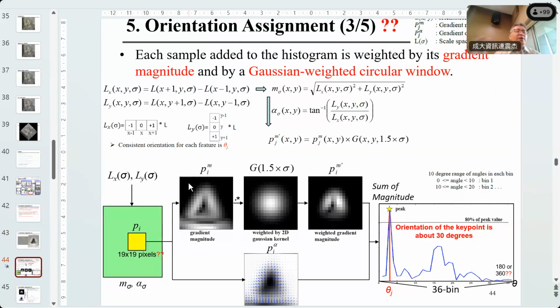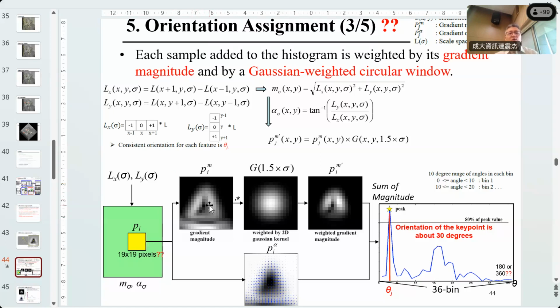When we do the gradient, an important point mentioned earlier: whether you use DoG or Sobel, any kind of filter, any pixel has a magnitude. You delete the small magnitudes because you want to keep the edge. After the threshold, some edges become 0, so we keep the higher magnitude values. So in the 19 by 19 patch, we have a magnitude for each pixel.